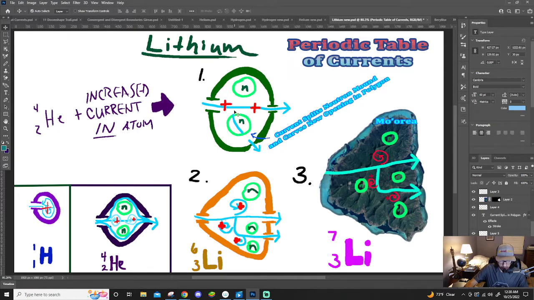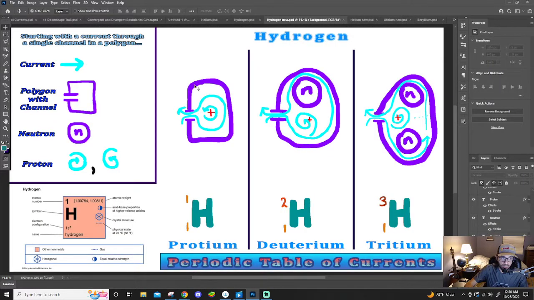So I'm thinking the polygon at lithium begins to really take polygonal shapes. It's not a circle. Maybe I was thinking hydrogen is a straight-up square.